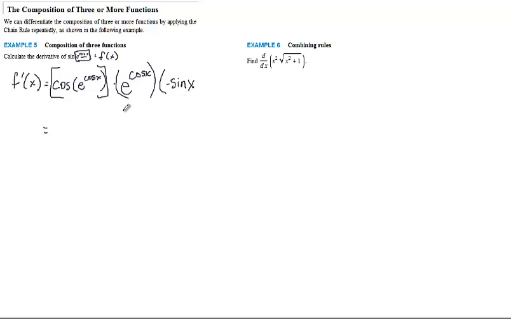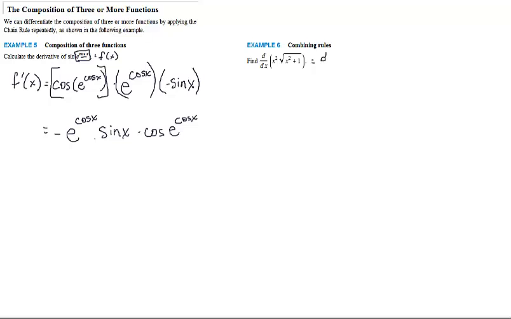I'll clean it up a little bit. So I'll write it as minus e to the cosine x times the sine of x times cosine of e to the cosine x. Lovely. What I'm going to want to do on this next one is, of course, rewrite it to the 1/2 power.